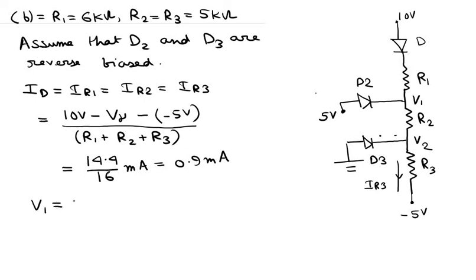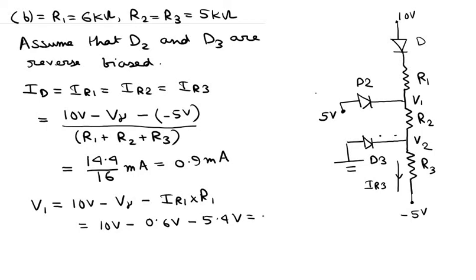So V1 is equal to 10 volts minus V gamma, which is the voltage drop across the diode D, minus the voltage drop across the resistor R1, so IR1 into R1. So 10 volts minus 0.6 volt, minus IR1 times R1, which gives me 5.4 volts.